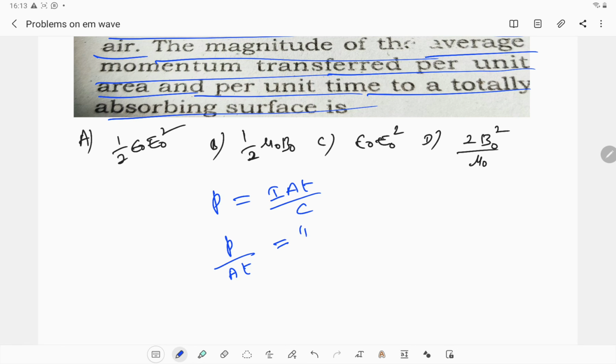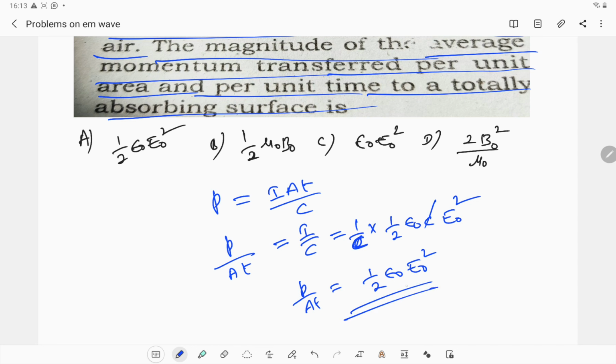This becomes I by C, this becomes 1 by C into I. I means 1 by 2 epsilon naught, vacuum means n is equal to 1, C E naught square. Therefore, here C gets cancelled. Therefore, P by AT is equal to 1 by 2 epsilon naught E naught square. Therefore, option A is correct.